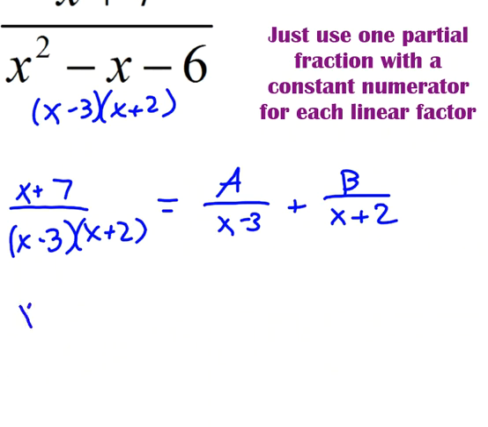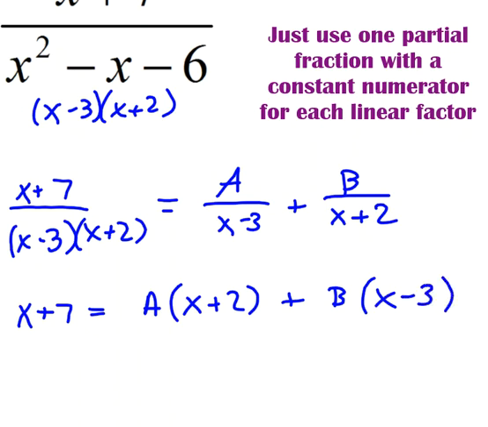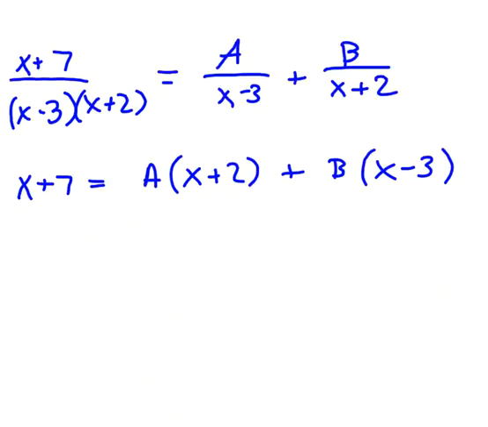On the left-hand side, I'll be left with x plus 7 because that will give me my denominator. I'm going to have a times x plus 2 plus b times x minus 3. At this point, I could actually distribute and write a system of equations with 2 variables.